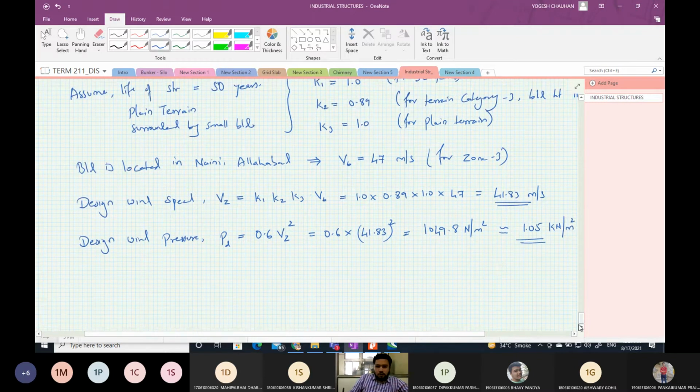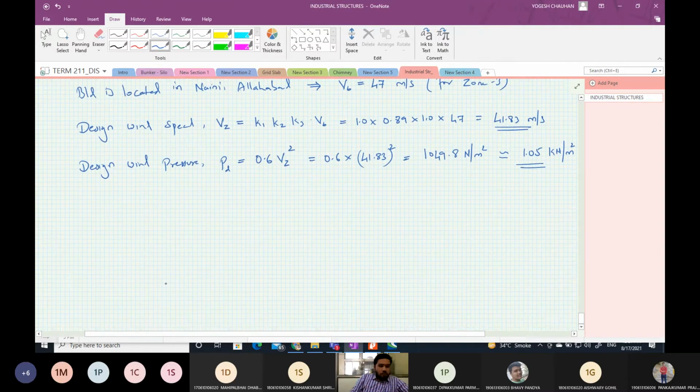Now here the height of the column above ground level is 11 meter.